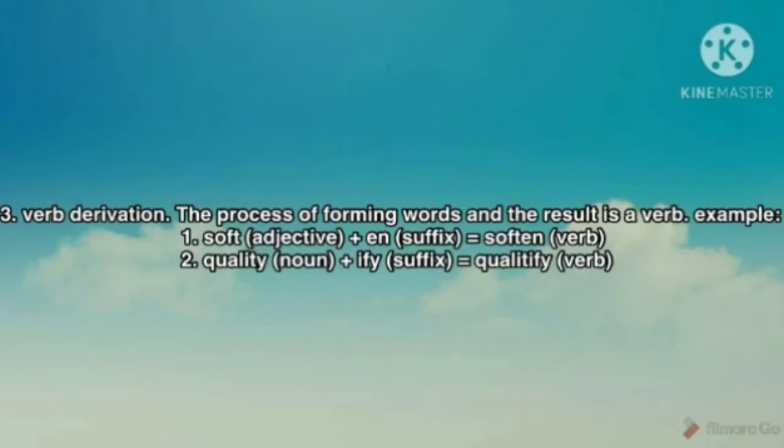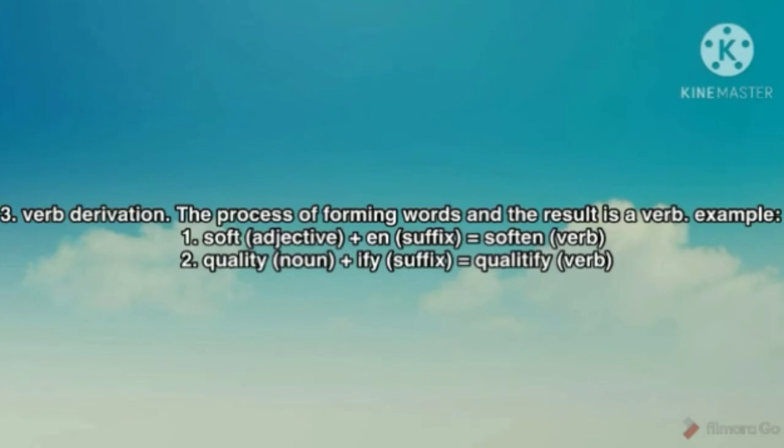The next type of derivation is verb derivation. Do you know what verb derivation is? Okay, I want to explain it, guys. Verb derivation is the process of forming words with the result of the word being a verb. Here, the basic word that can be changed to become a verb can come from an adjective or noun. For example, soft plus en equals soften.